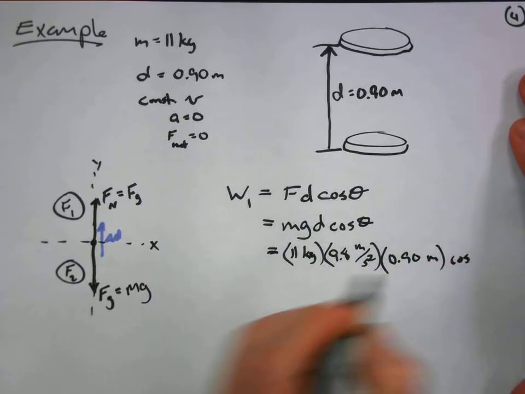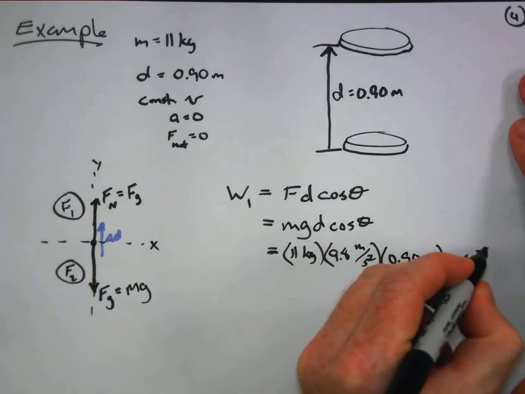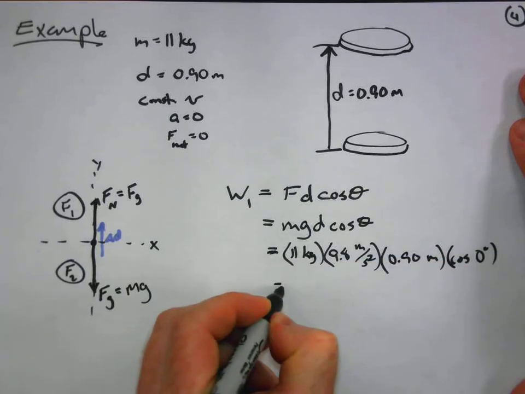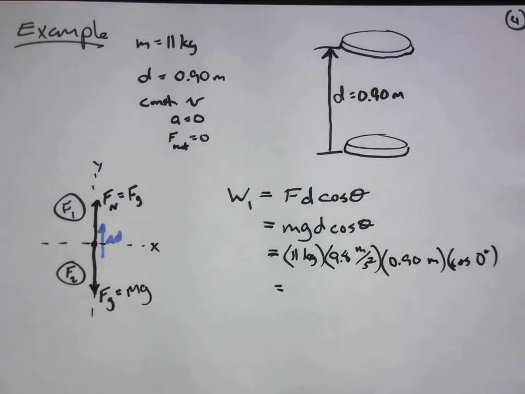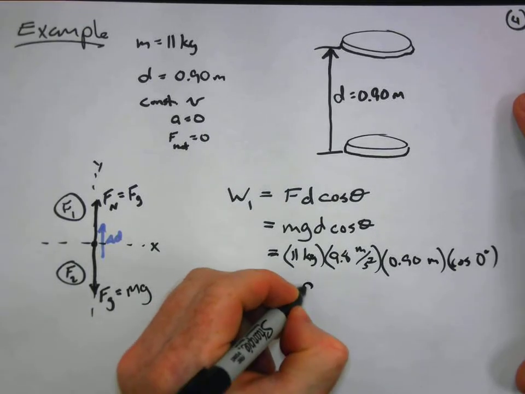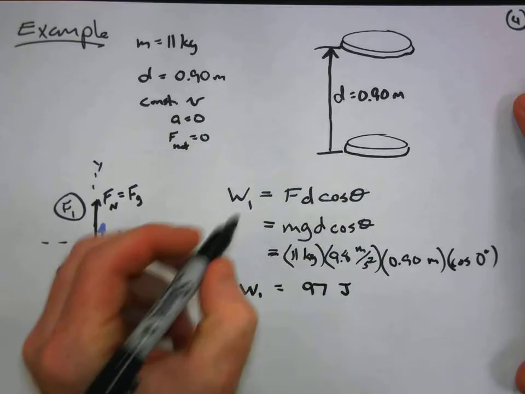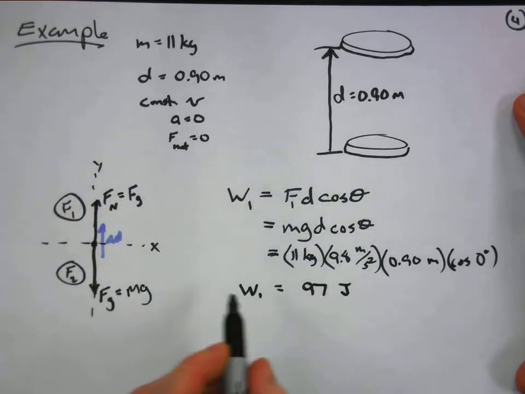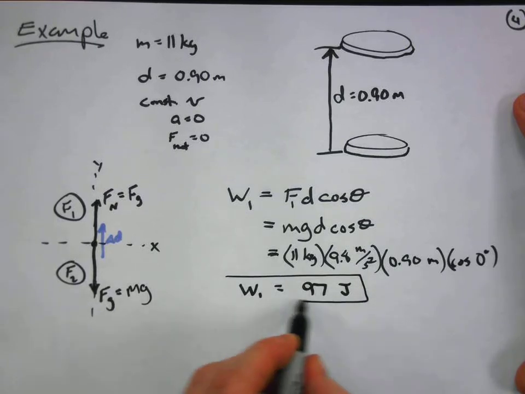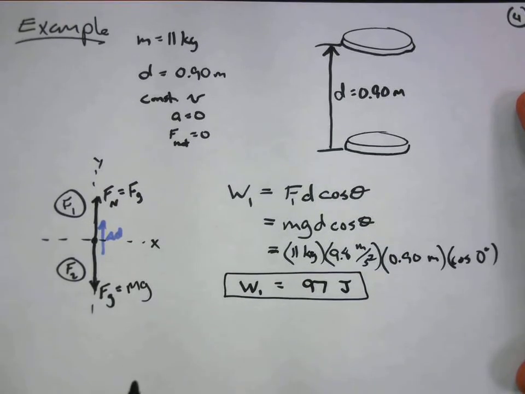Cosine of, well, the angle here is 0. And when I do that math, I get a number that rounds to 97 joules of work by force number 1. I had to use force number 1 here. That's one of the answers that I needed to find.